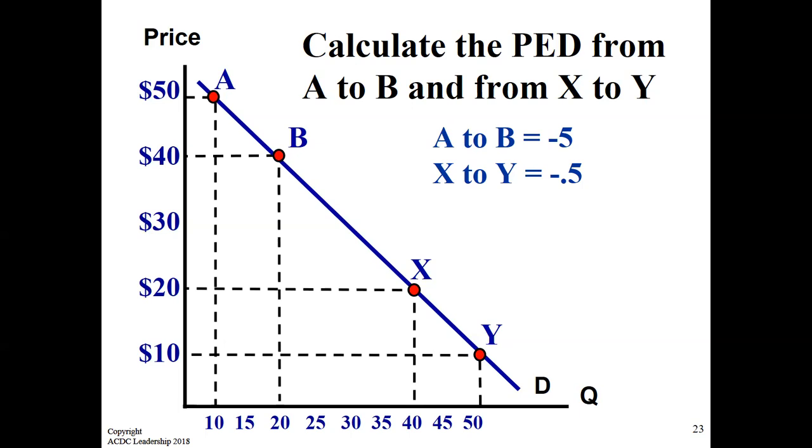I want to get the change in quantity demanded first, which is on top, right? So the new quantity demanded is B, that's 20, minus the old, 10, over 10. That's going to give me 10 over 10, which is 1, or 100%.